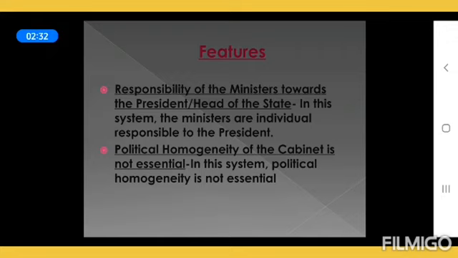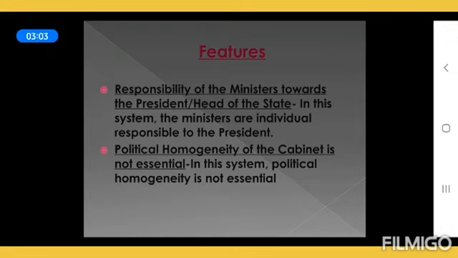Analyzing the main features of this presidential system of government, we can say that the distinguishing characteristic of the presidential system is almost a complete separation of the executive and the legislative departments and independence of each from the other, especially in respect of the policies, the powers and the durations of their tenures.